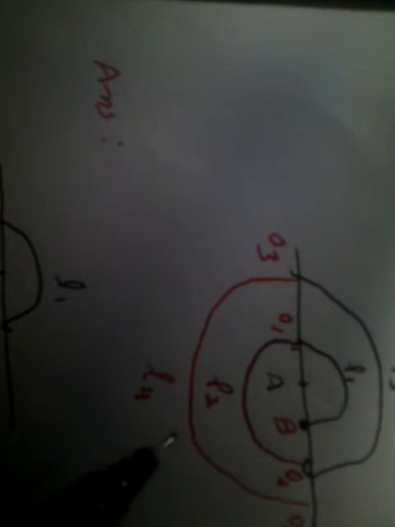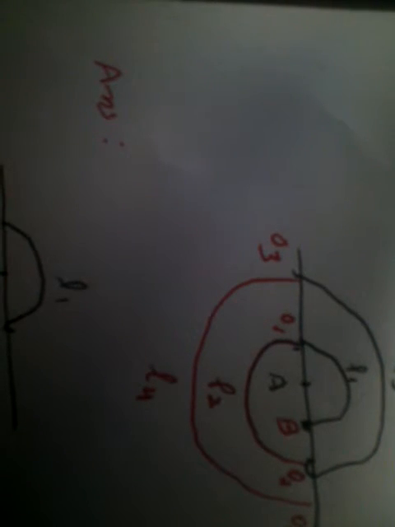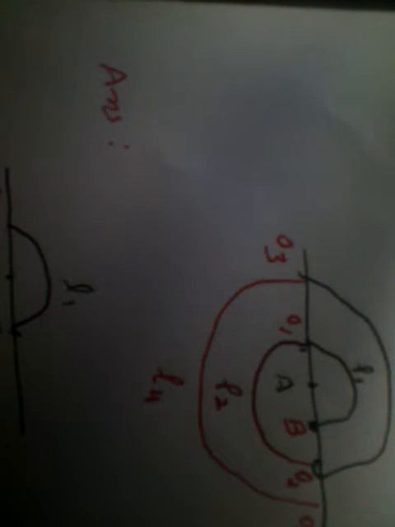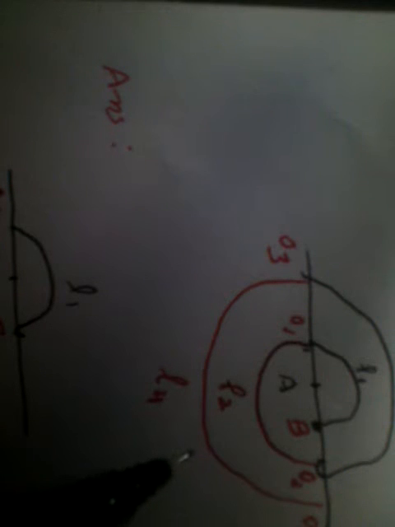So the radius of the smallest semicircle, L1, is R1, equal to 0.5 centimeter. Similarly, the second one, L2, has a radius of 1 centimeter.